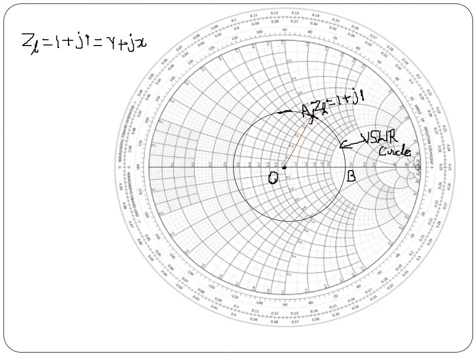At this point, the value of VSWR is read equal to the value of the R circle of the chart.